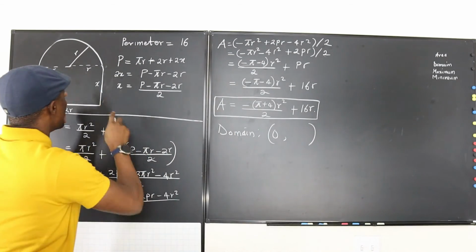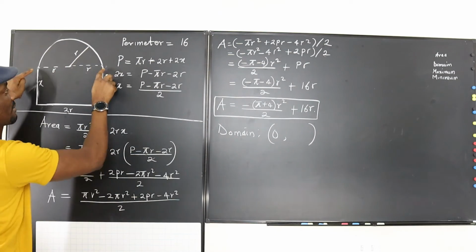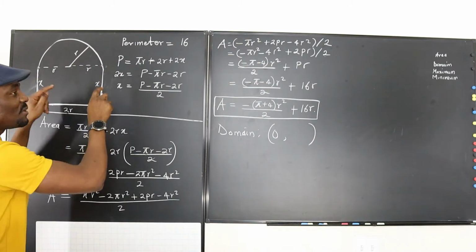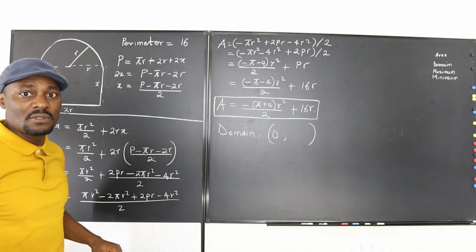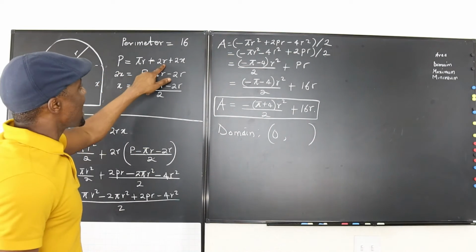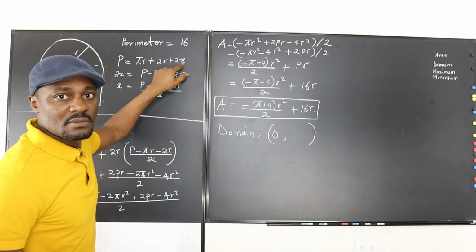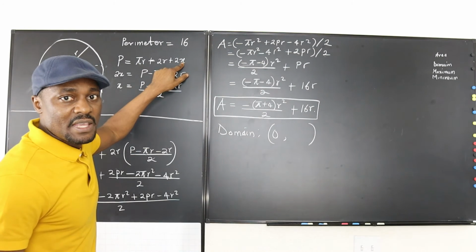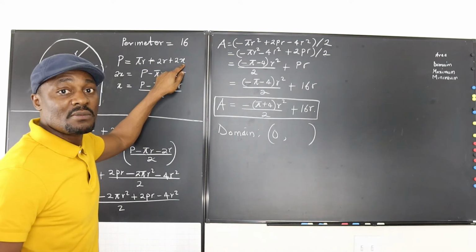So over time, the wider this becomes, the greater the radius, the smaller the value of x. By the time the radius gets to the largest point, x would have zeroed out. So you can look in this expression and say the maximum value of r will happen when x becomes 0.